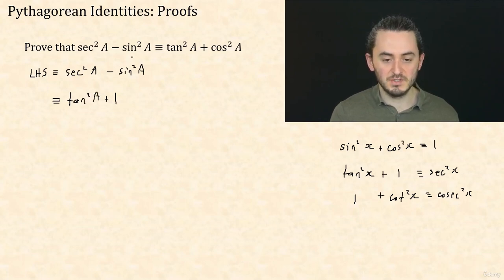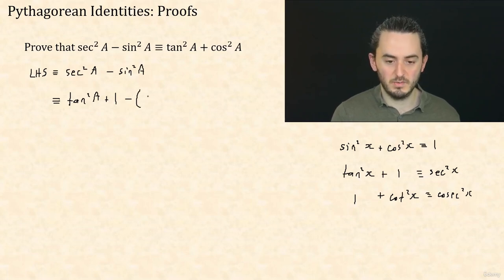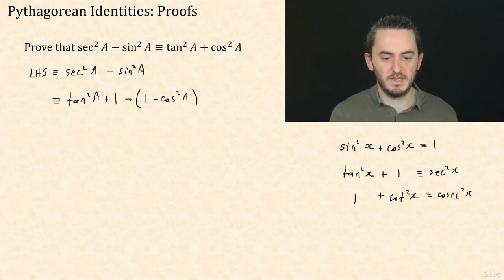Now what about the sine squared a? Is that related to the cos squared a here? Yes, it is, by this identity here. So what I can say is that sine squared a is the same as 1 minus cos squared a. So I've just bracketed it up. So minus sine squared a is minus 1 minus cos squared a.